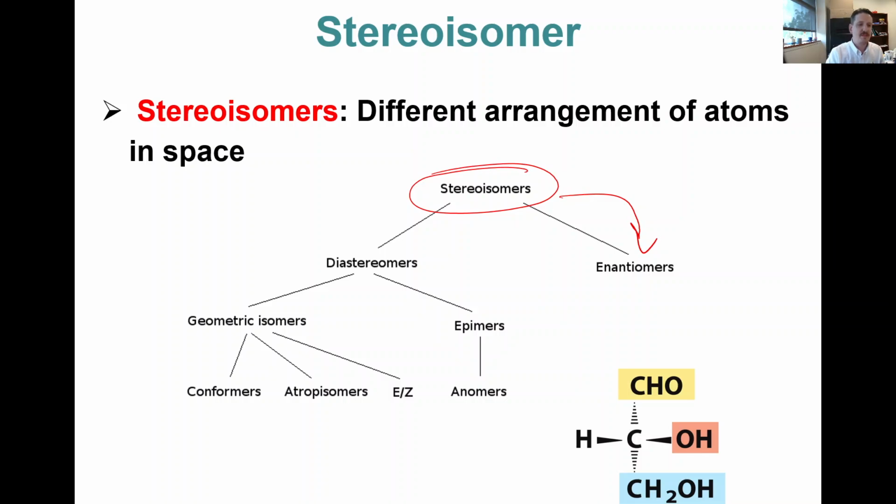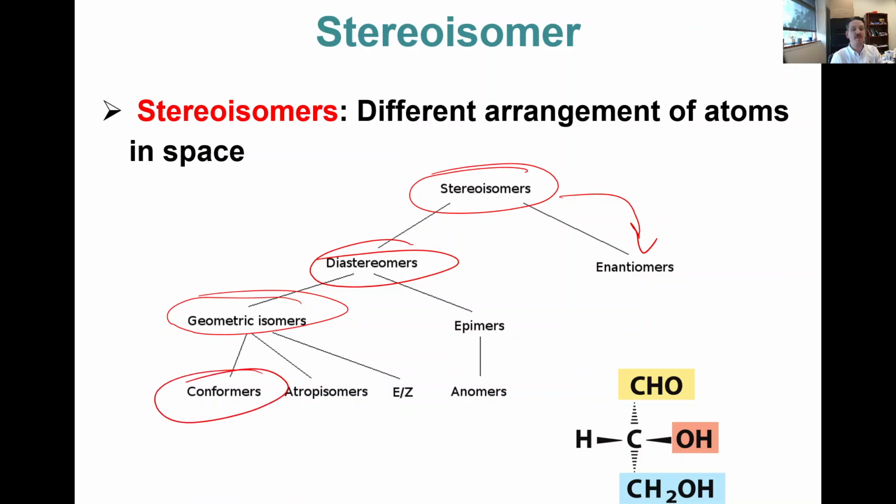On the other hand, the diastereomers are different arrangements of atoms in 3D space that are not mirror images of each other. You can divide those up into conformers, which are just different arrangements around single bonds.